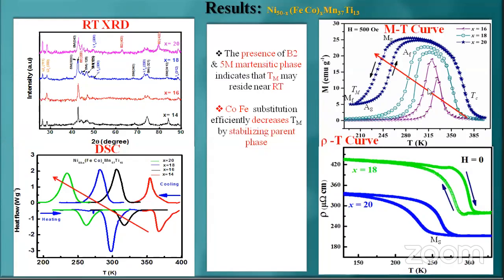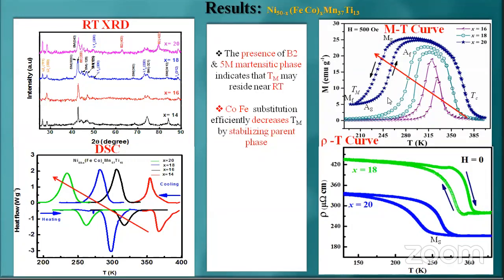By following ZFC, a martensitic to austenite phase transition is observed within 315 to 245 Kelvin. And this result shows that due to the cobalt and iron substitution for nickel, magnetization of the higher temperature austenite phase gets significantly enhanced, whereas the low temperature martensitic phase is very minimum.